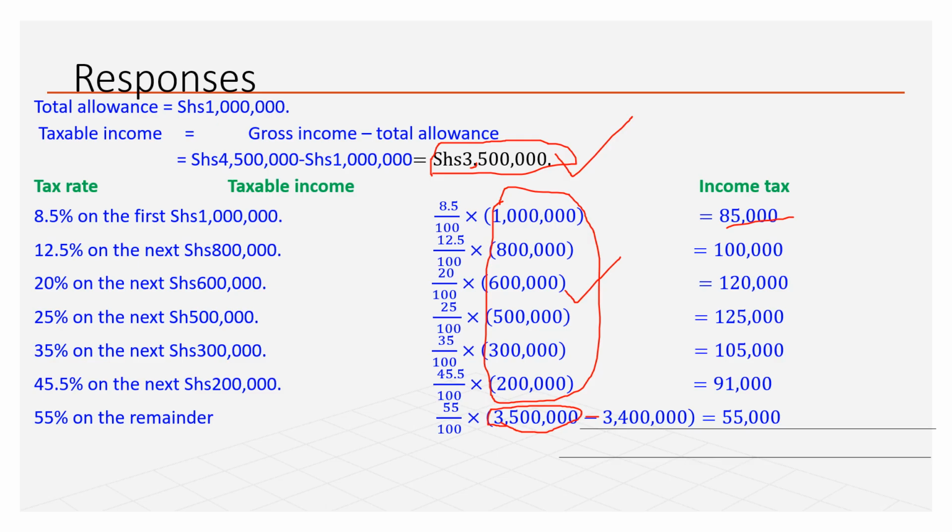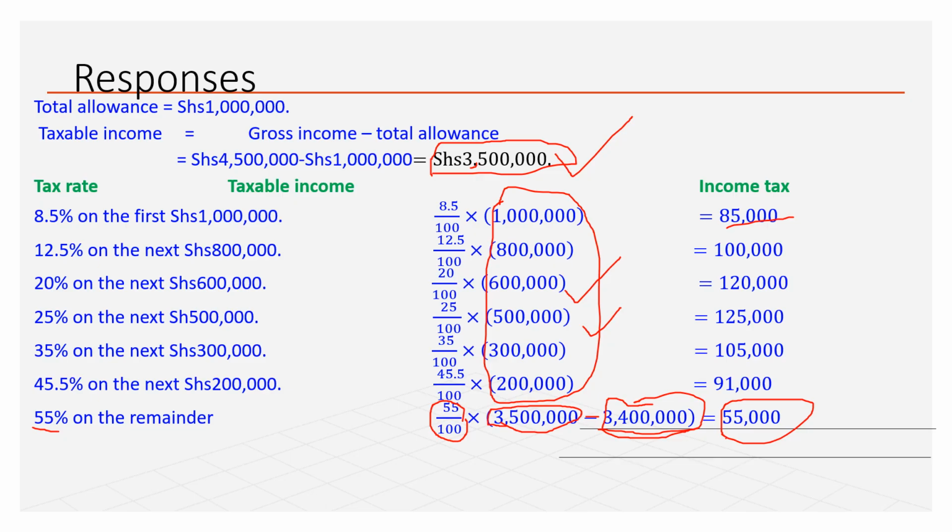So to get the remaining money from the taxable income that we need to subject to the tax rate of 55%, we have to subtract that. So the total of this money is actually 3.4 million, 3,400,000. So the difference gives us the money that we shall subject to 55%, and that money will give us a total of 55,000.